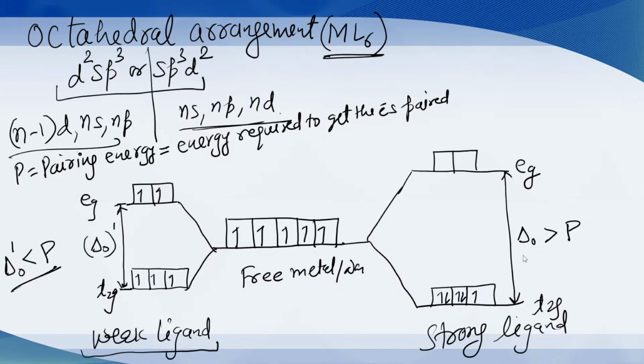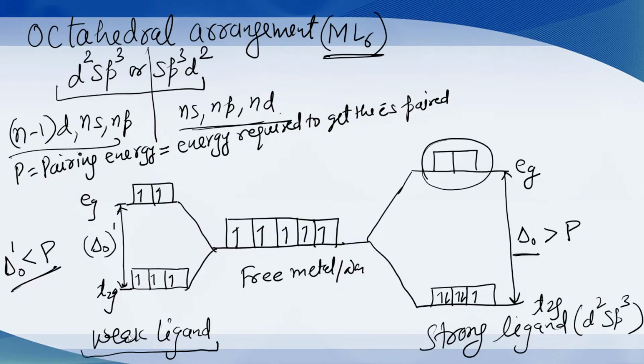Now this delta O first depends upon the ligand, and second it depends upon the metal charge. The higher the metal charge, the more is the interaction of the ligand with the metal ion, and therefore the more is delta O. So if higher delta O is there, then pairing starts, and then the inner d orbitals become available, and therefore hybridization is d2sp3.